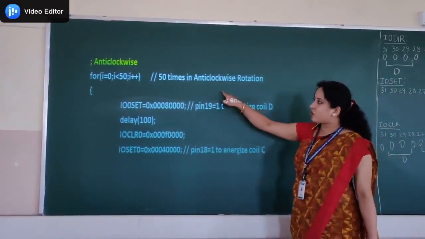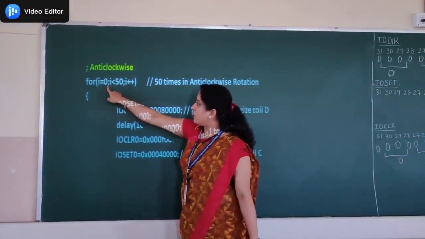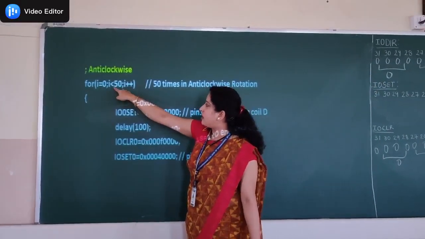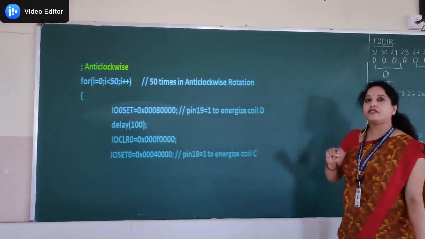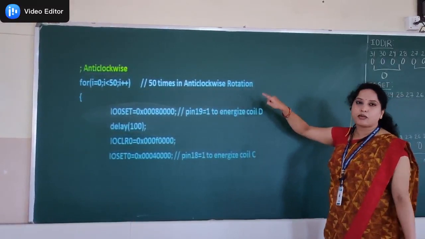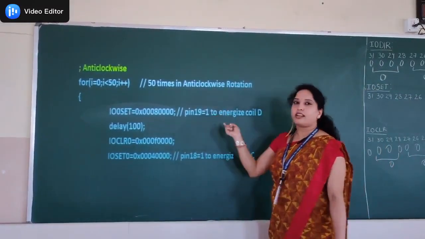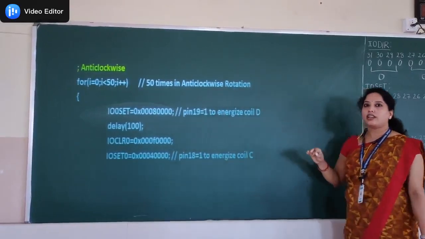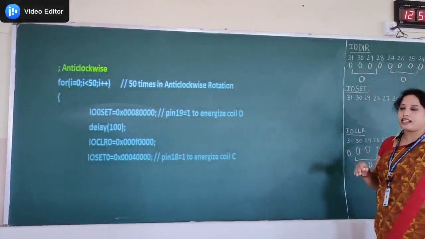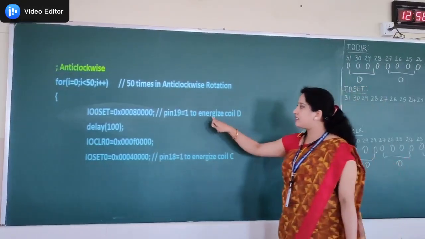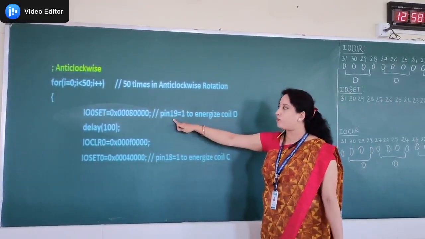So now let us first rotate the motor in anti-clockwise direction. Here I have chosen a for loop which continues for 50 steps, that is y less than 50. We are going to rotate in 50 steps so that it will complete the rotation of 360 degrees. For anti-clockwise rotation, the coils should be energized in the order D followed by C, B and then A. So first I should energize coil D by placing 1 on pin number 19 of port 0.